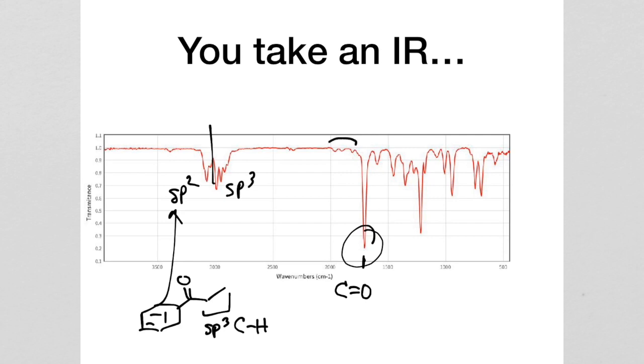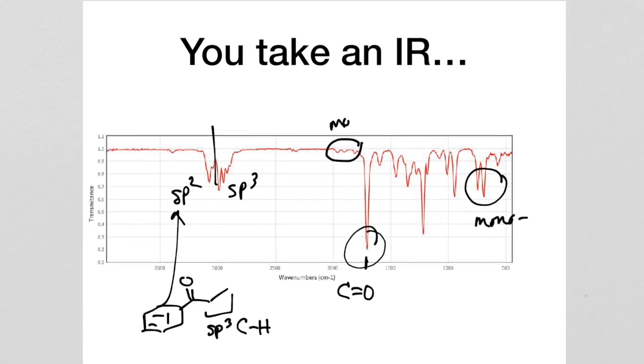We can then compare our overtones and our out-of-plane bends to the table in Klein and verify that these are the monosubstituted aromatic patterns, the peaks that we expect to see for the out-of-plane bend and the overtones. So it matches the IR really nicely.